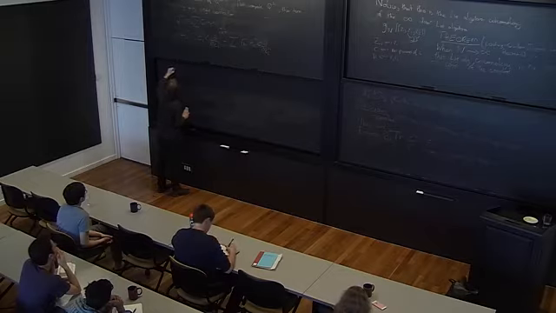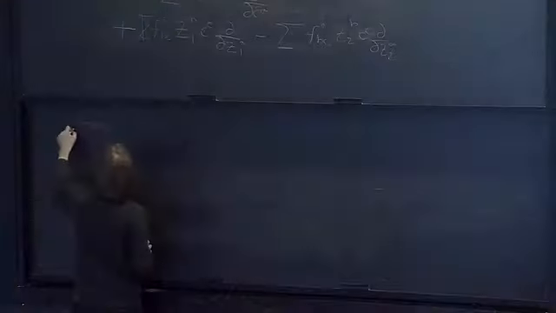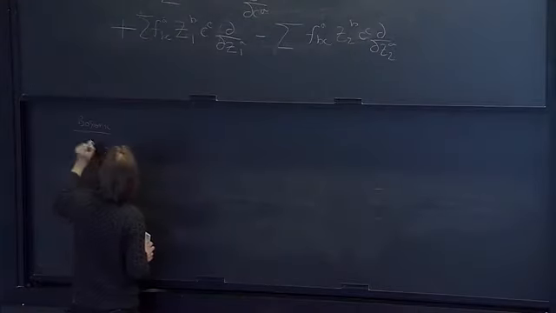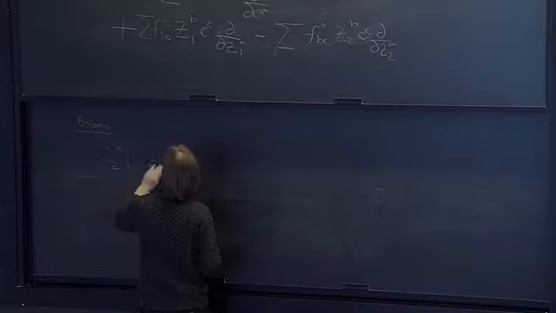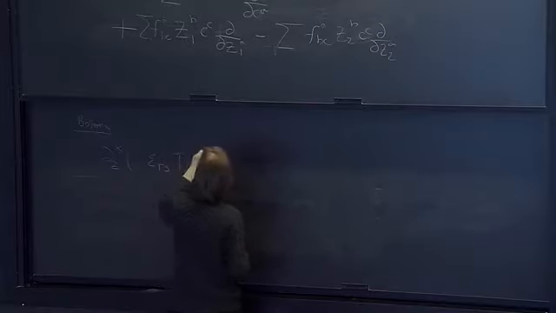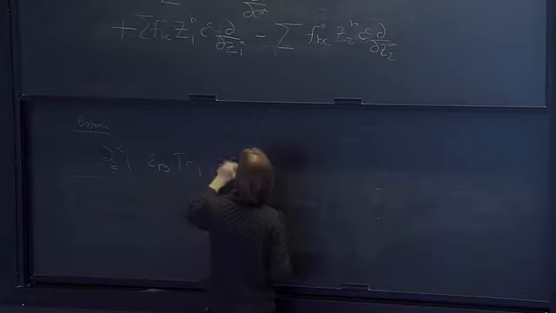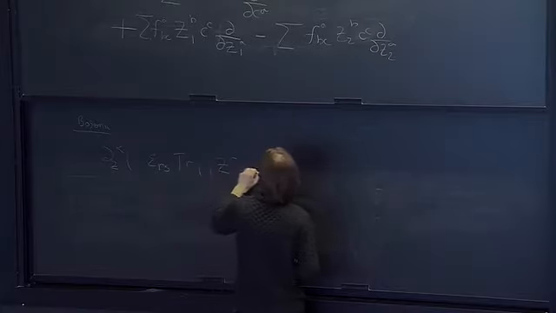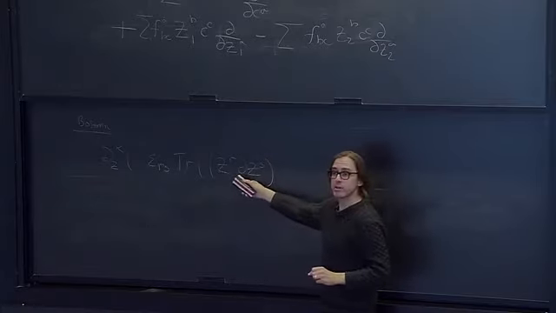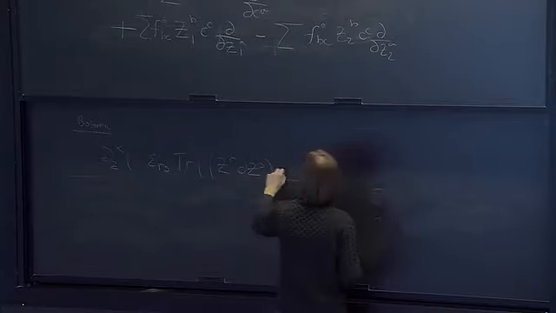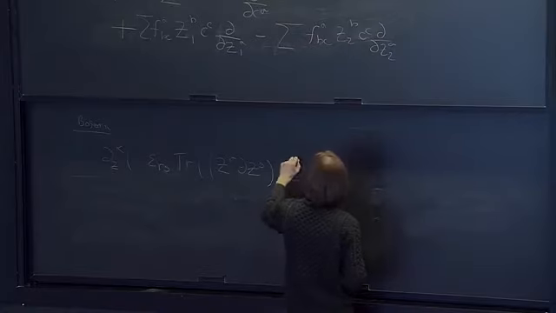Another bosonic tower of operators is: I can take the derivative of trace, say epsilon k or s, trace c or del cs. So here I'm doing an antisymmetric contraction. And then I'm taking the symmetrized trace of a bunch more of them.